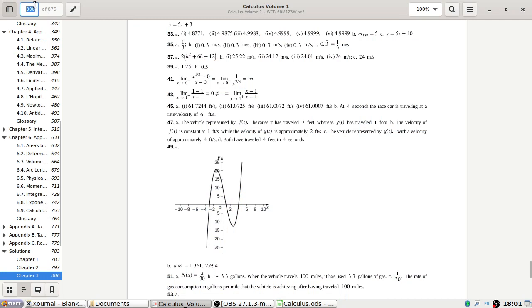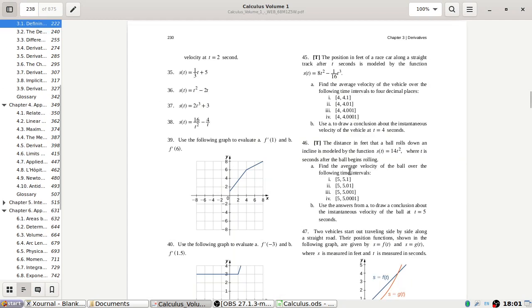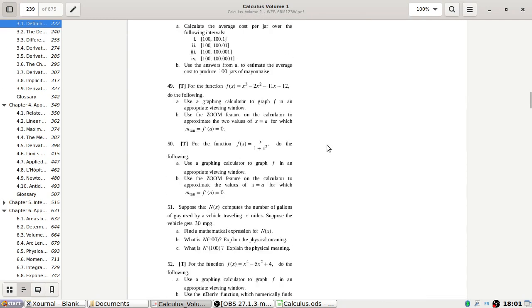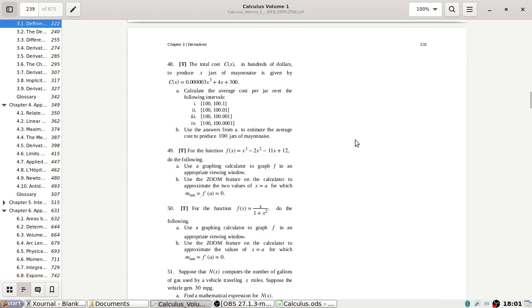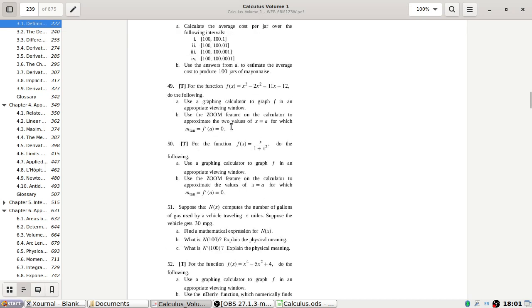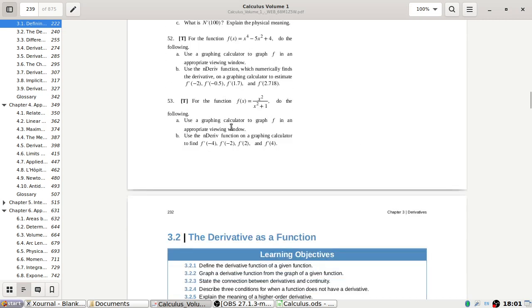Okay. That's good. And that leaves us with tech questions. We should hopefully get this finished the next time. That looks like another spreadsheet question. And we'll have to make some graphs for estimating.